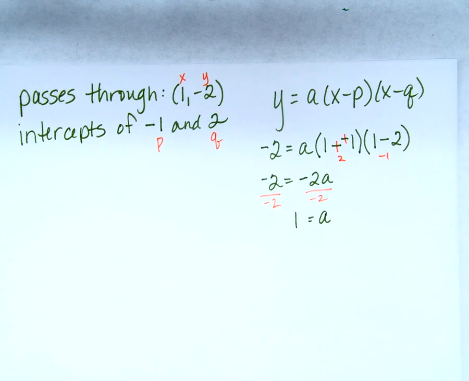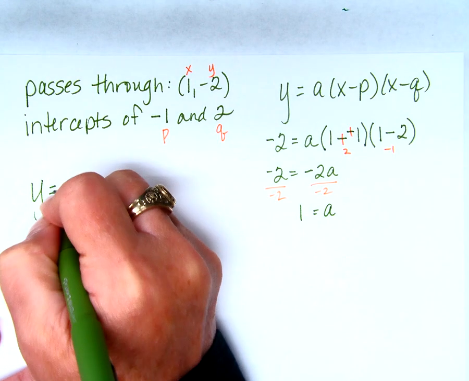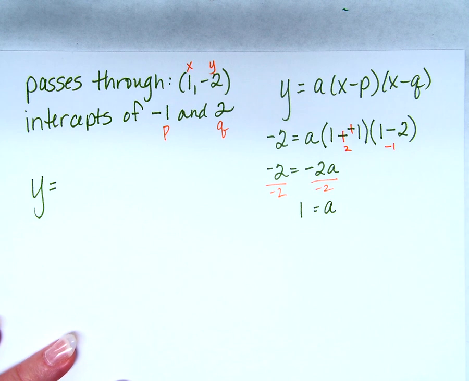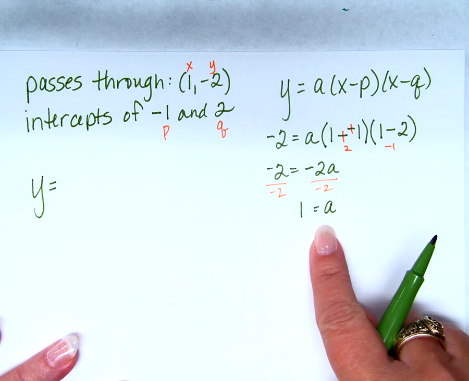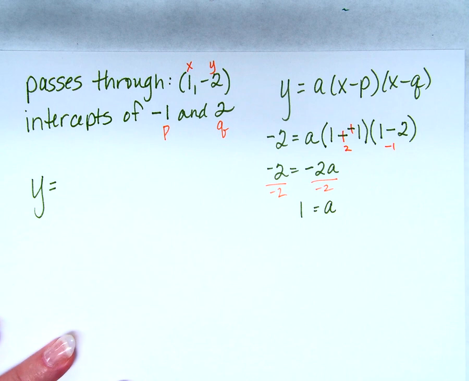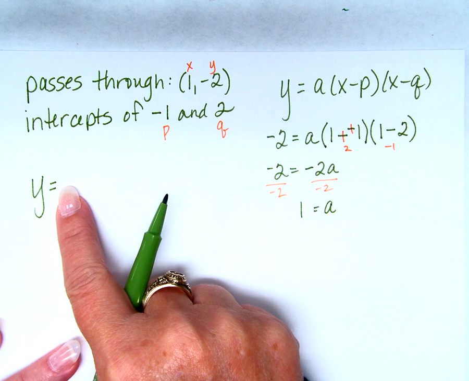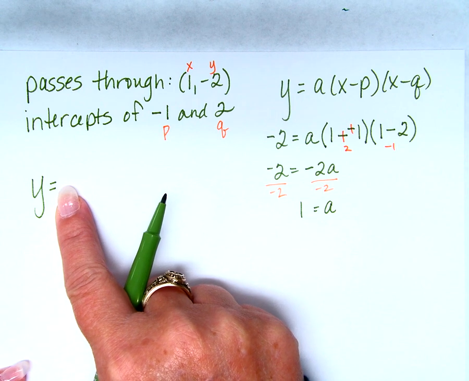So now I need to write my equation, right? What's my equation? Y equals? We're not plugging x and y in this time, are we? We're just going with the x and y. So y equals what? A? Can I write my 1? Do I have to write my 1?